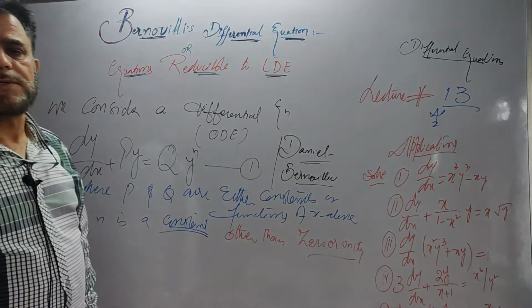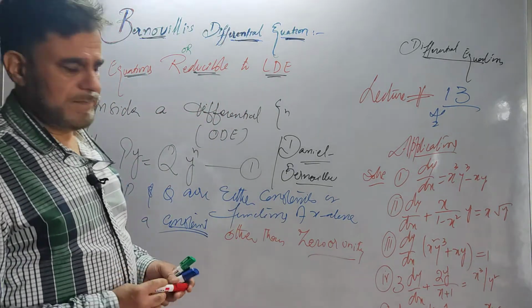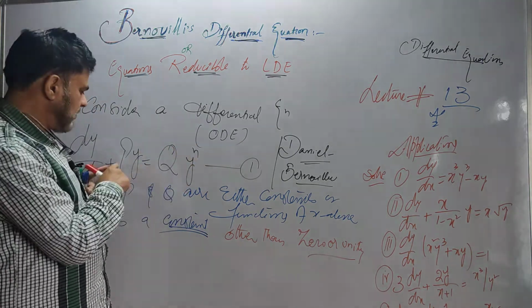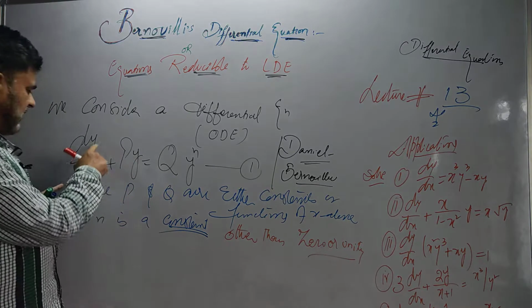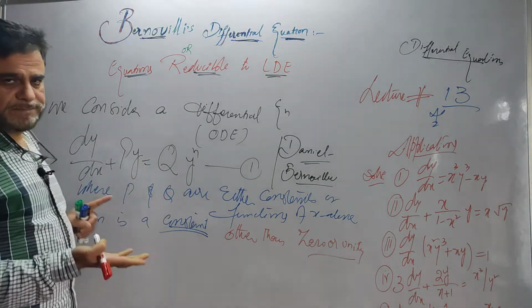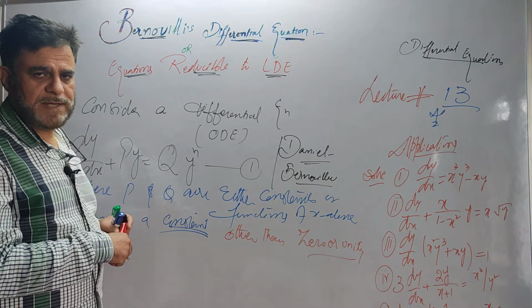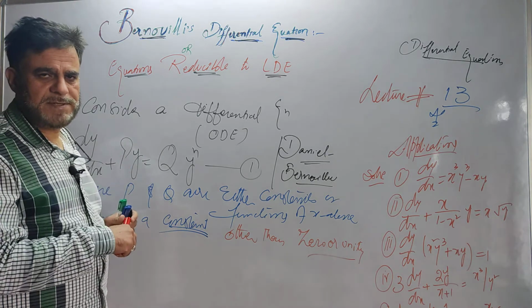You may check: if n is 0, it reduces to the previous form, dy by dx plus py is equal to q. There is no need to give one more name to this if n is 0. It is the same linear differential equation.